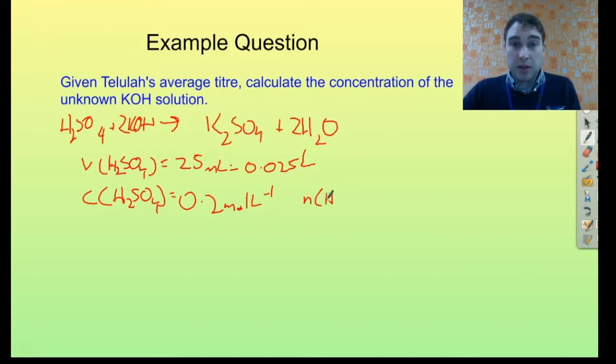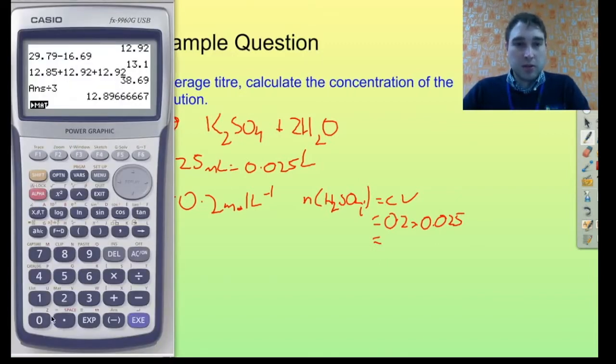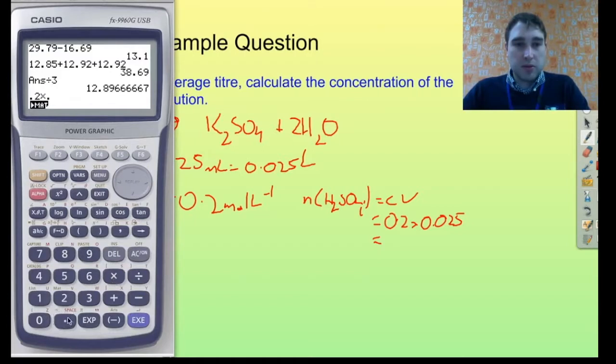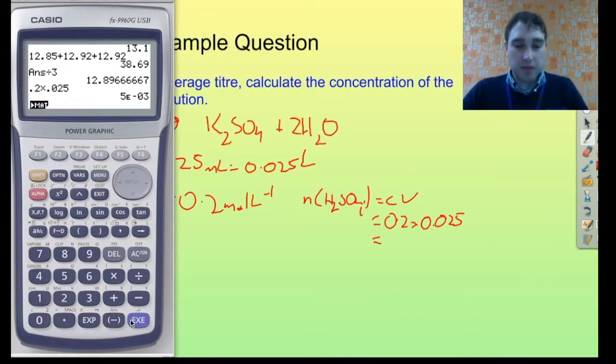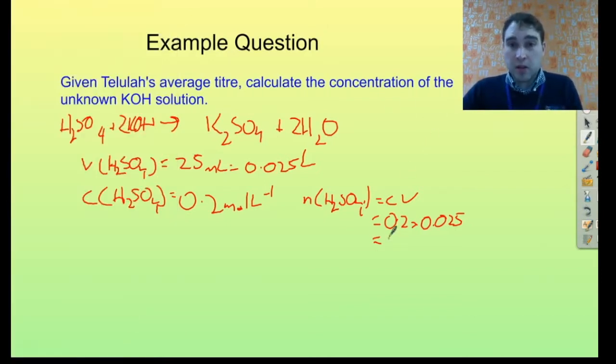So n(H2SO4), and I remember from my magical triangle before, n equals CV. So concentration is 0.2, and my volume is 0.025. And I'm just going to go to my calculator to check the answer I think I know in my head. So we've got 0.2 times 0.025, that equals 5 times 10 to the minus 3 moles.